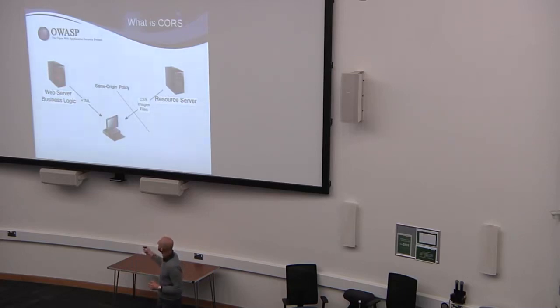That's the place where the client communicates with, and on the other side you have your content, like the videos, for instance. And generally we had the same origin policy here. The same origin policy stopped us from taking content from another domain. And that was a problem for people, because they couldn't implement this business scenario.